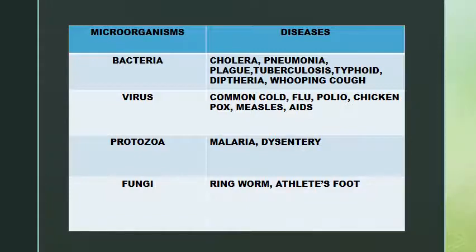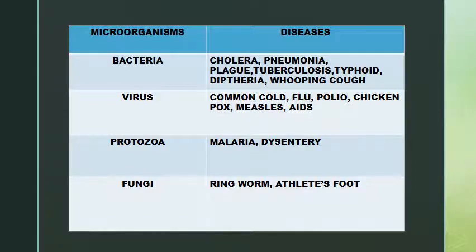Now, next microorganism is virus. Viruses are smaller than bacteria and can be seen only through powerful microscopes. They cause diseases like common cold, flu, polio, chickenpox, measles, and AIDS. Now, next microorganism is protozoa.